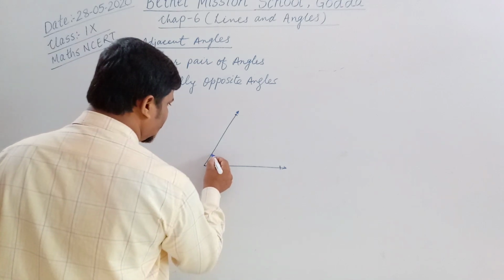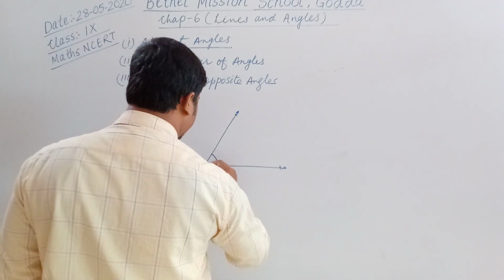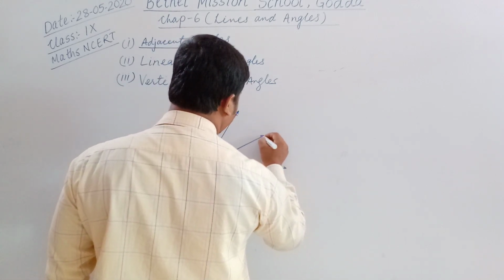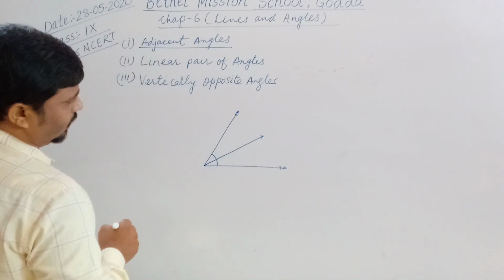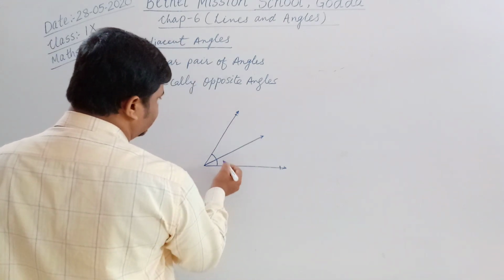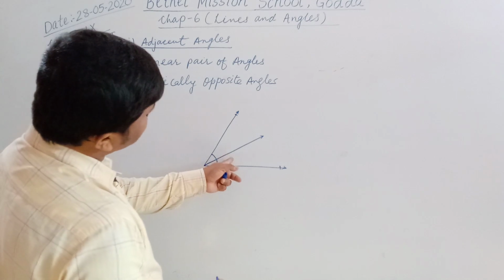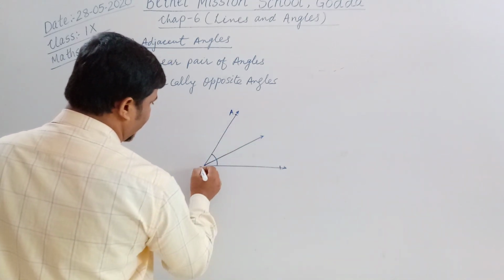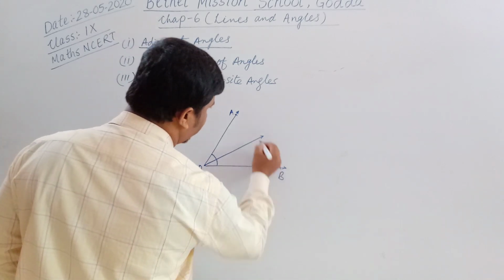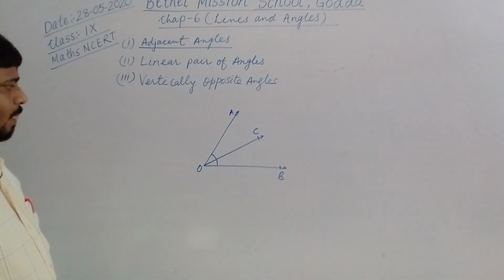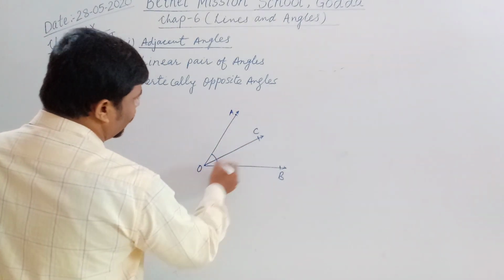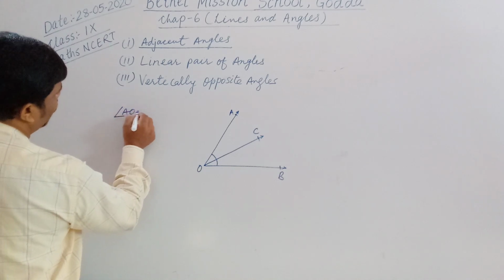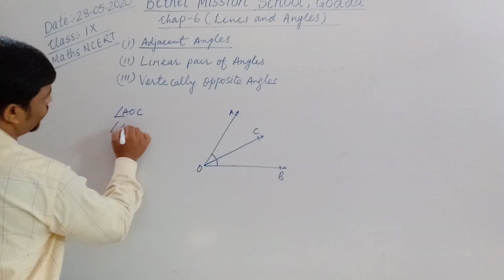When, between that angle, another ray from that initial point is there, then you see the angle is divided into two parts: A, O, B, and this is C. So angle AOC and angle BOC.